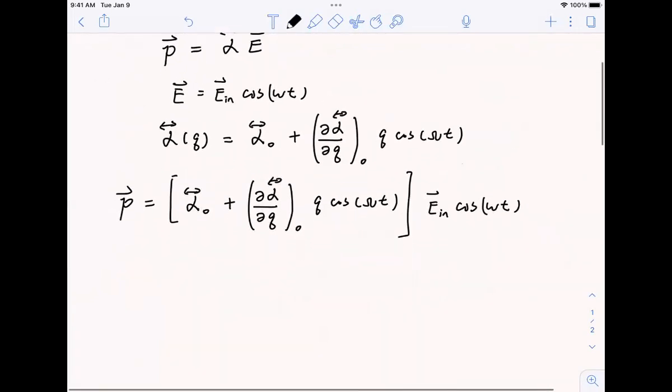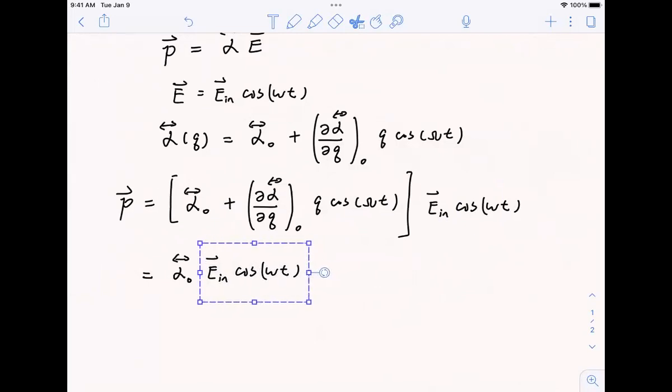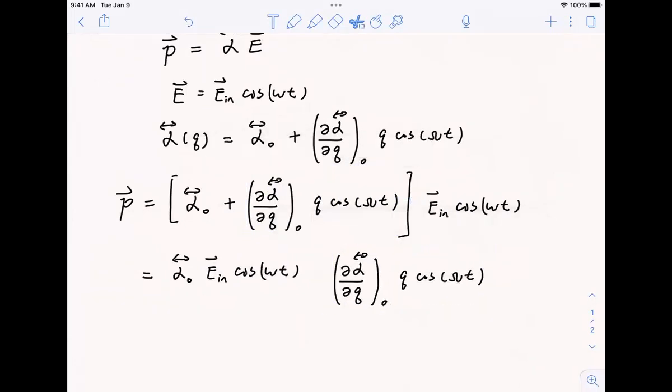Then you just do a Taylor expansion, and then you just copy this. We already did this last time, so here I just briefly review it.